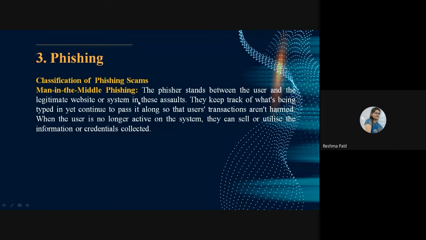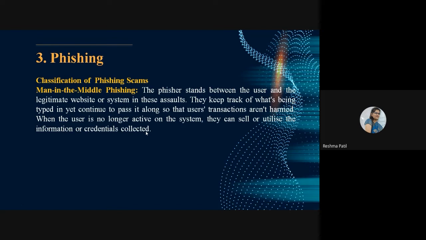In this assault, they keep track of what is being typed into the legitimate website or system, and continue to pass it along so that user transactions are not harmed. When the user is no longer active on the system, they can sell or utilize the information or credentials collected. So he is silently there.